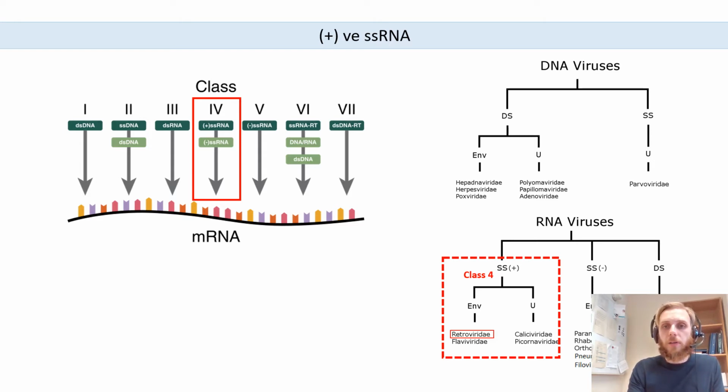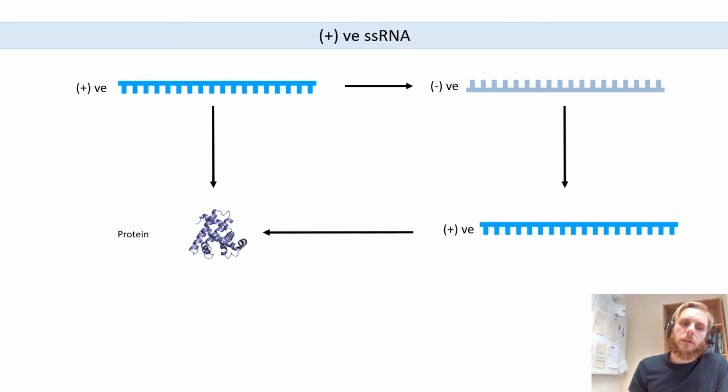Now we're going to look specifically at genome replication, which again is the topic of the lecture, and we're going to look at it specifically in positive sense single-stranded RNA viruses, so group 4 on the Baltimore classification. Here we have a simplified version of the genome expression we looked at last week.